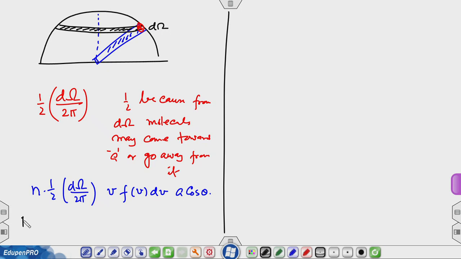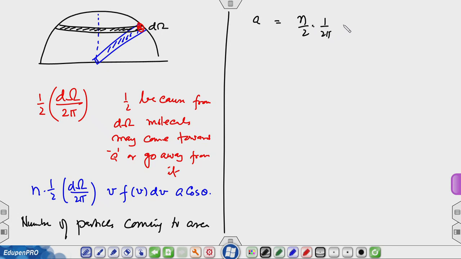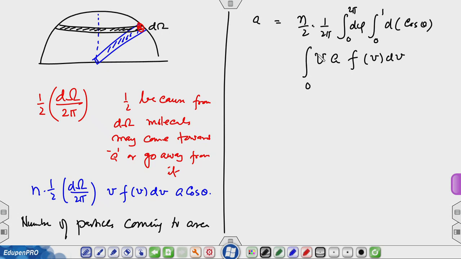The number of particles coming to area A is equal to n by 2, d omega times 1 over 2 pi, where d omega is d phi d cosine theta, times v A f(v) dv. The integral of d phi is 0 to 2 pi, d cosine theta is 0 to 1, and v is from 0 to infinity.